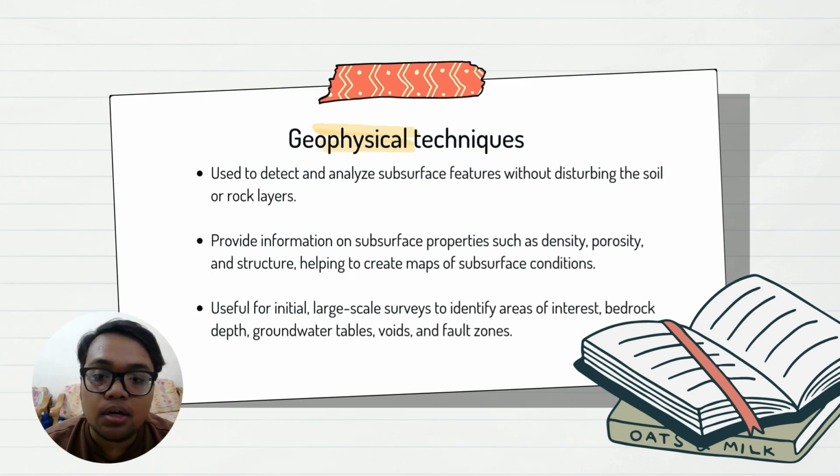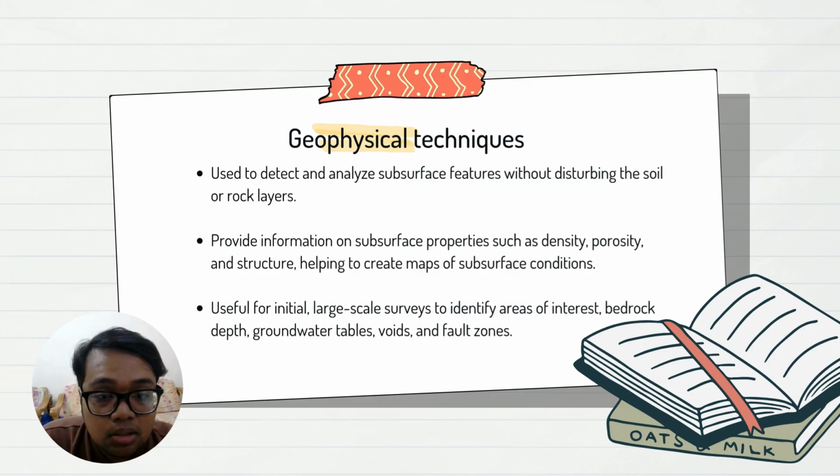Alright, the second one, which is geophysical techniques. This technique is commonly used to detect and analyze the subsurface features without disturbing the soil or rock layers. Because with this method, usually they use scanning as their method of works. These techniques will provide information on subsurface properties such as density, porosity, and structure, helping to create maps of subsurface condition.